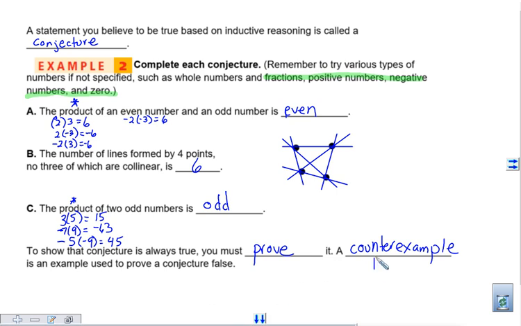A counterexample can be a word, can be a phrase, it can be a picture, it can be a number. It all depends on what you are dealing with. So it's something that proves that that statement is false. And it only has to be false one time for it to be false.